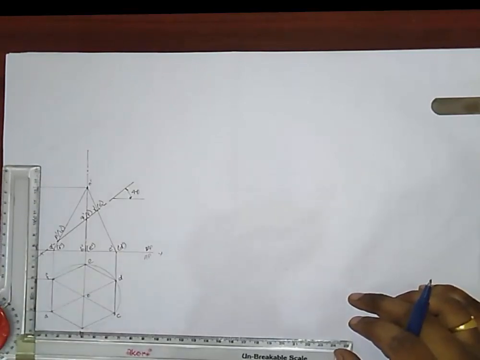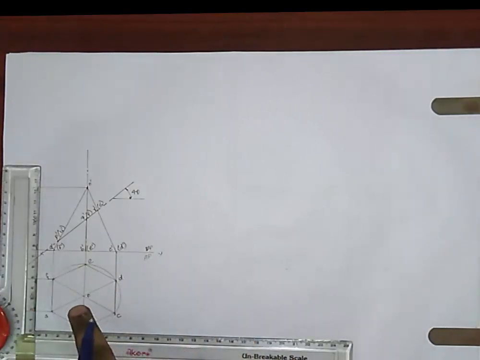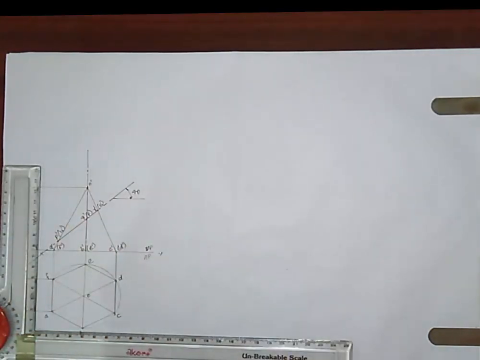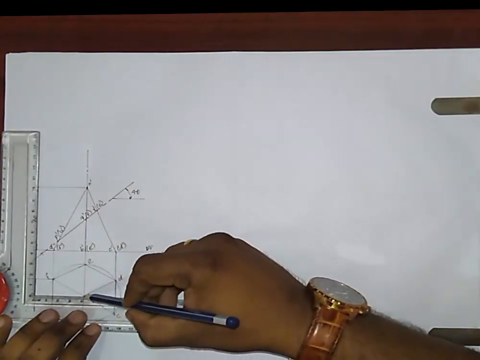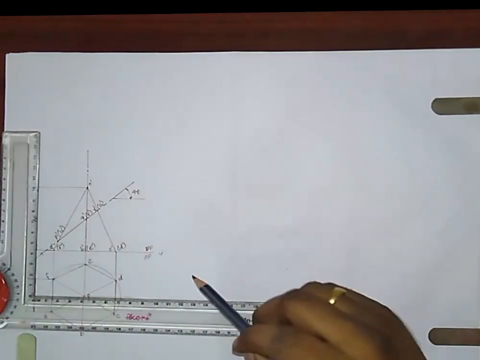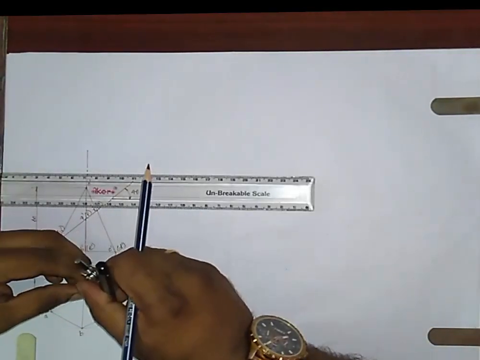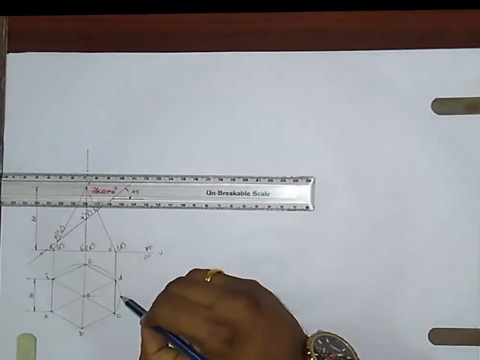Before drawing the development view, you have to find out the true slant length. Now look at this top view diagram. In this diagram, no longer edge is horizontal. So there is no true slant length in this diagram also. So what you have to do? You have to draw a horizontal line from point O like this and you have to rotate the longer edge OC or OD up to the horizontal.